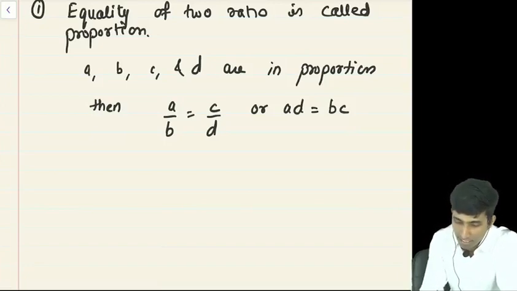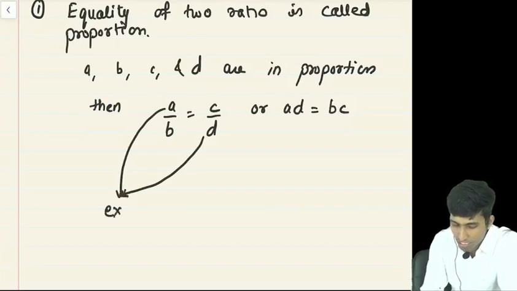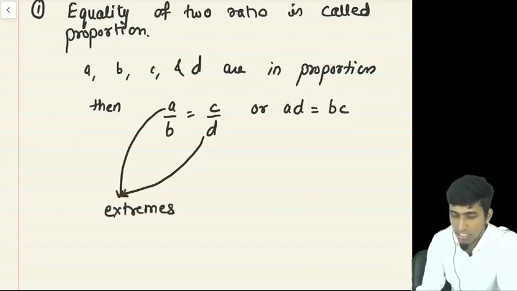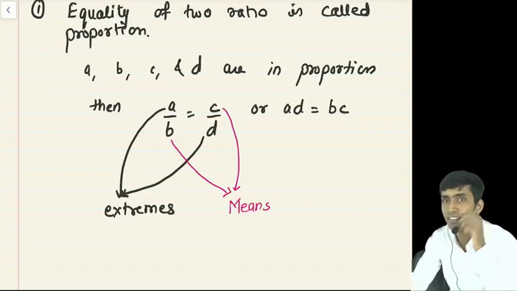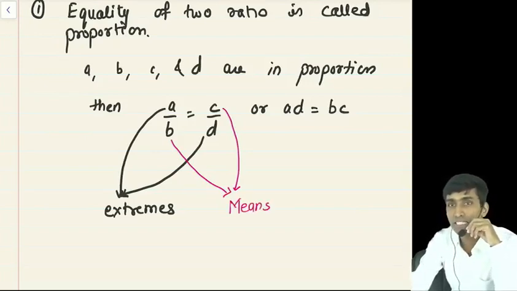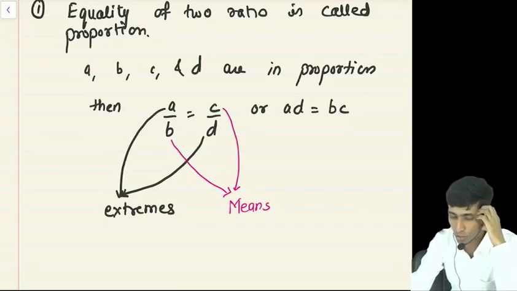A and D are called extremes. B and C are called means, not memes, means. Only what people remember is meme. Done. A and D are called what?